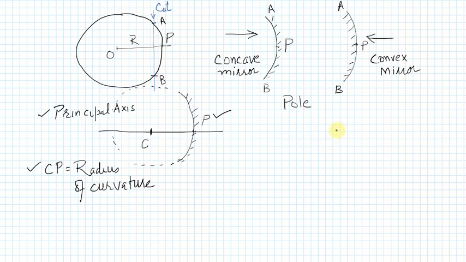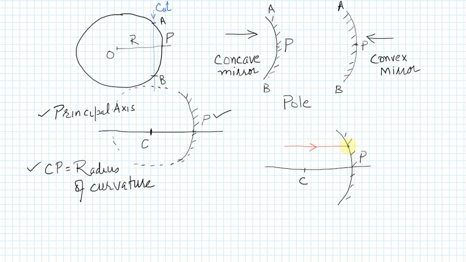Okay, now if we have, let's say, a concave mirror, and this is the principal axis, this is the pole, and this is the center of curvature, and if I have a ray of light which is coming parallel to the principal axis, mind it, rays have to be drawn with an arrow.